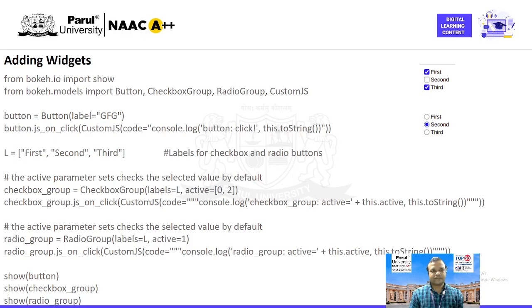So adding widgets: from bokeh.io import show, from bokeh.models import Button, CheckboxGroup, RadioGroup, CustomJS.